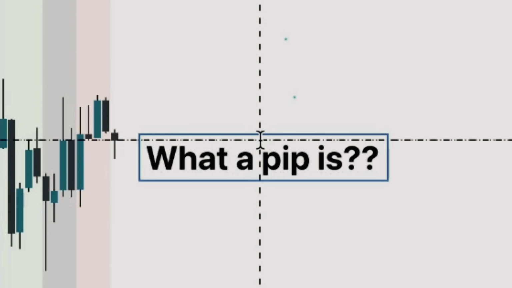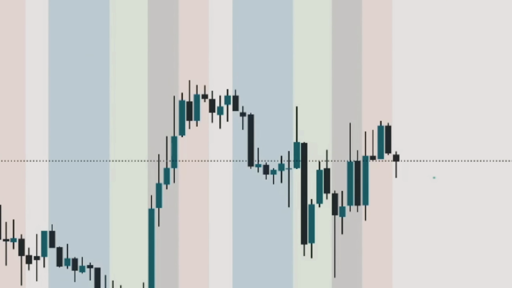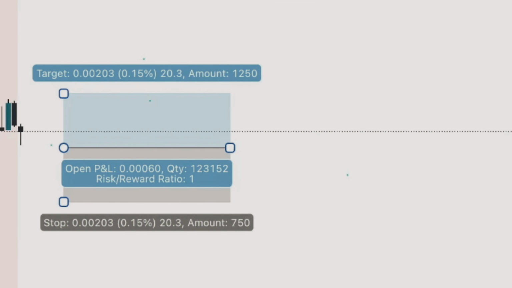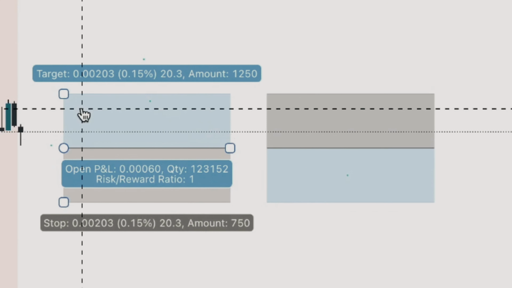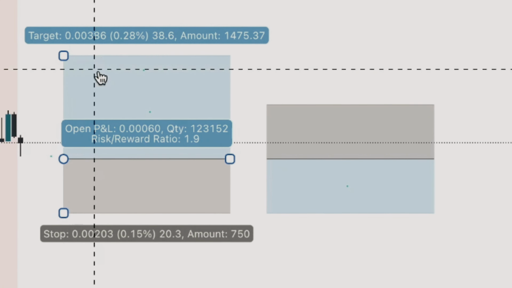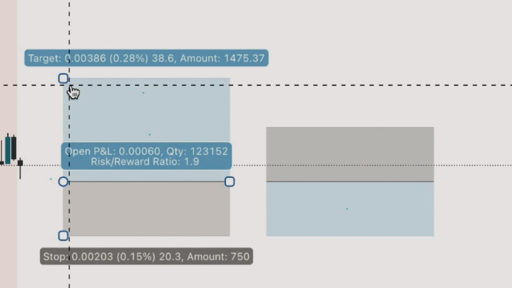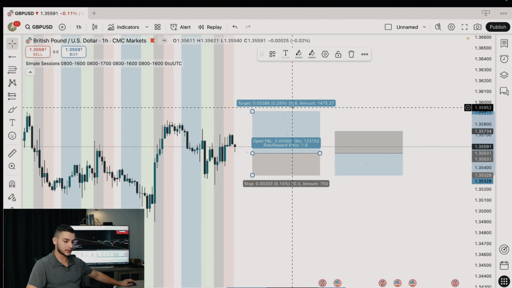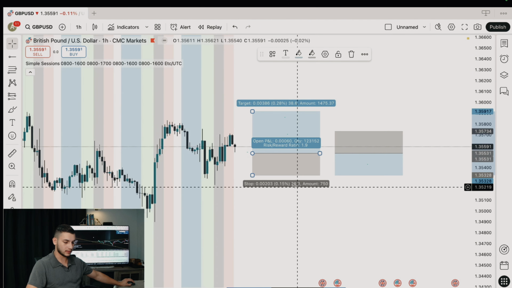And now if we remove this one and we start to explain in a practical way, in the fifth toolbox we have this projection and we have long and short. So this is the option if you want to measure risk to reward ratio and if you want to measure the pips, which is this number here in the middle, not the stop, but the pips are here.